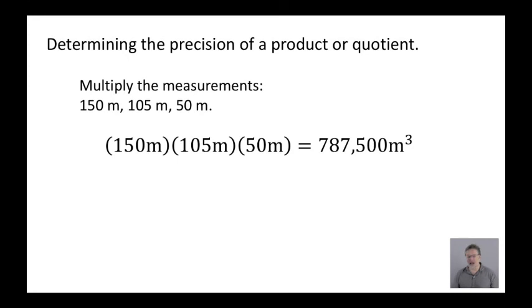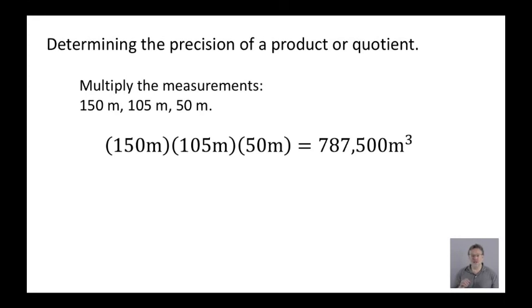That's just what happens when I multiply on my calculator 150 times 105 times 50. But we have to, once again, round that measurement to reflect the appropriate amount of precision. And the way that we determine the appropriate amount of precision in cases of multiplication is to look not at what the farthest decimal point is, but at the number of significant figures.